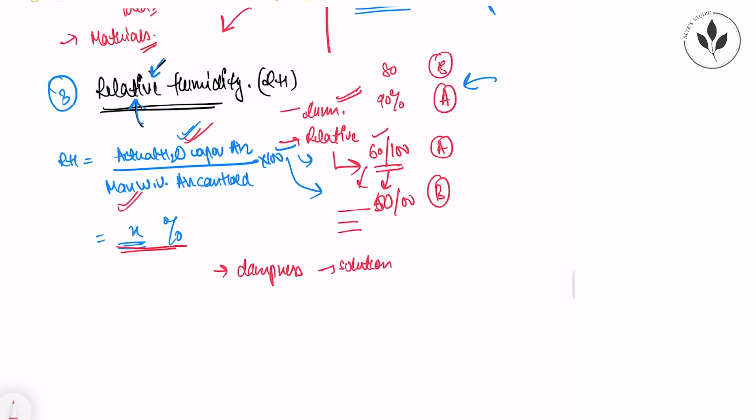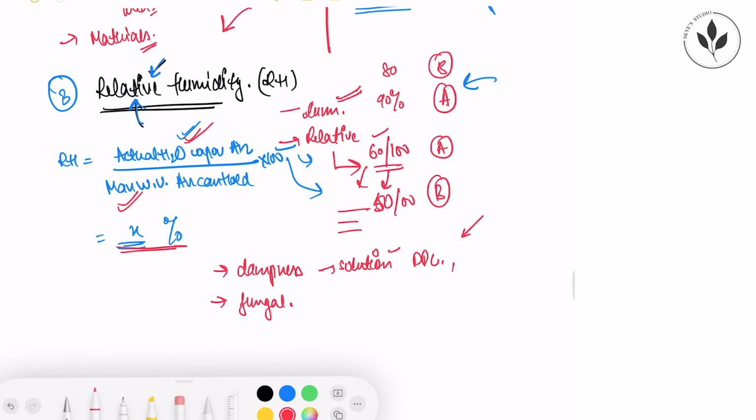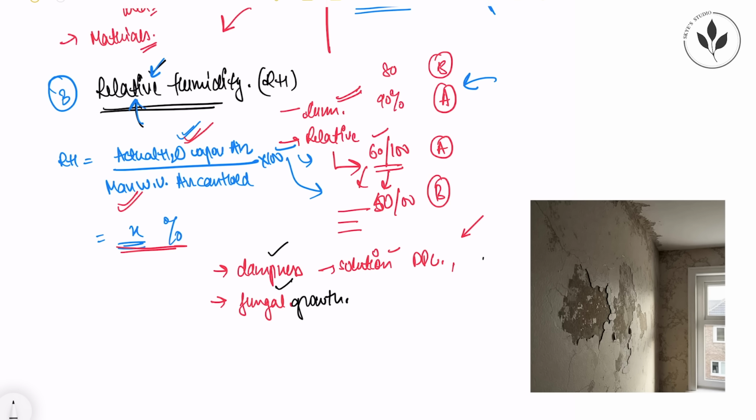For example, giving a DPC layer, or maybe some solutions regarding fungal growth, because the area which will have more humidity will have a tendency to get dampness and fungal growth inside your building due to much water present on the external face of your building, which can lead to poor indoor quality, and this can indirectly affect the health of the human beings inside it.